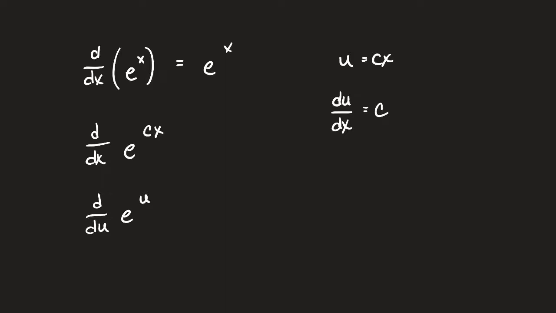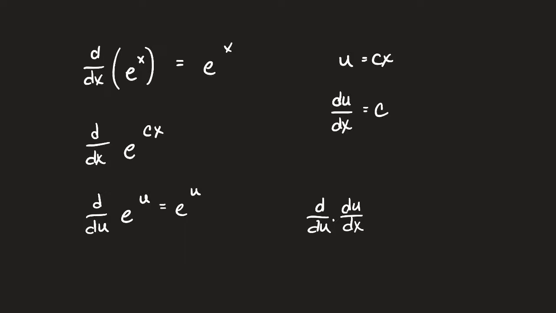Are there any questions about what I just did here so far? So to get d dx, we're going to take d du times du dx. So let's figure out what this part is. d du is just e to the u.